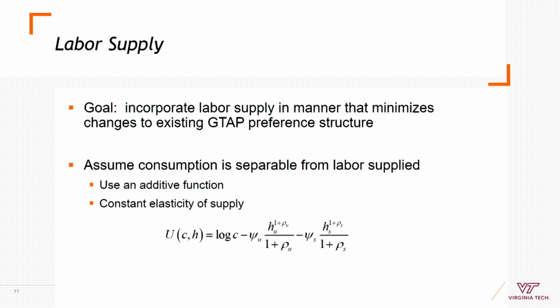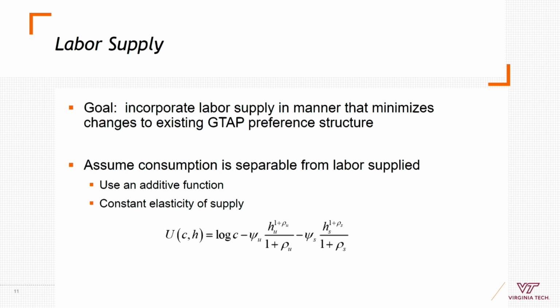So HU and HS are going to be the units of unskilled and skilled labor supplied by the household in each region. These rhos are going to be related to the labor supply elasticity. So 1 over rho is the labor supply elasticity, and then the psis are going to be some labor disutility parameters that I calibrate.